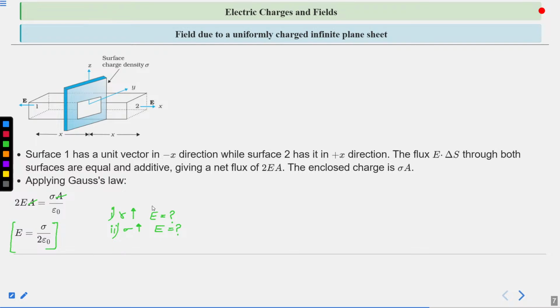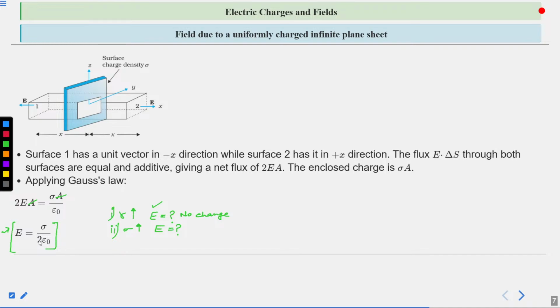In the first case, what will be the electric field? There is no change. The electric field remains the same. Why? Look at this formula. The electric field due to a uniformly charged infinite plane sheet is sigma upon 2 epsilon naught.